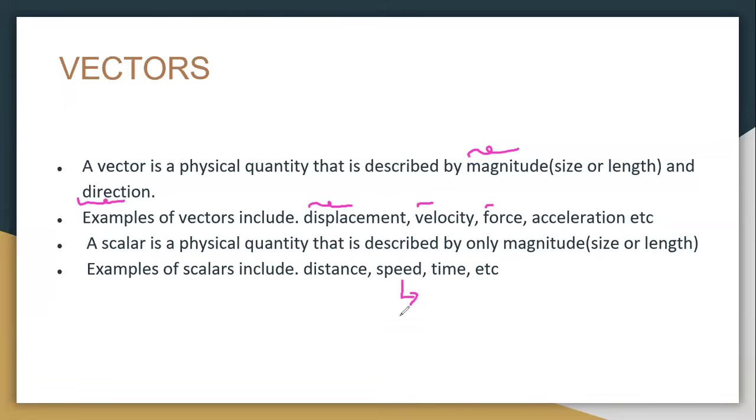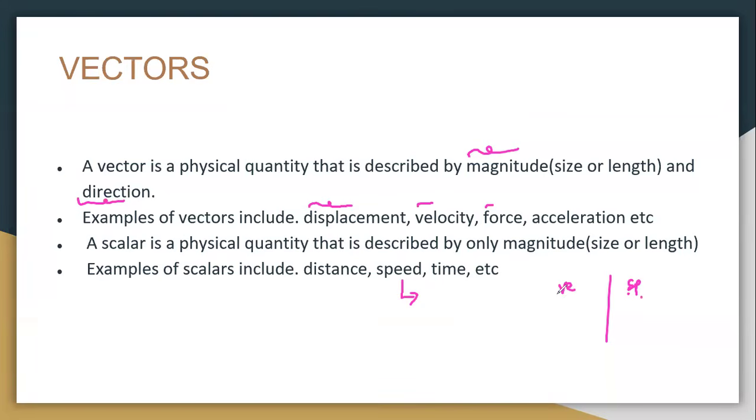But if the question is asking you to find velocity, you know very well that velocity and speed are related a bit. The only difference is that speed only looks at magnitude. Velocity, you have to mention the direction as well. So you need to know these different components, and when you need to find a direction and when you don't need to find the direction.